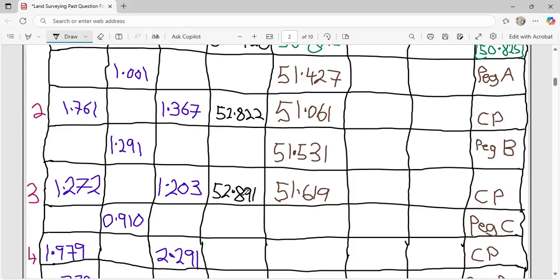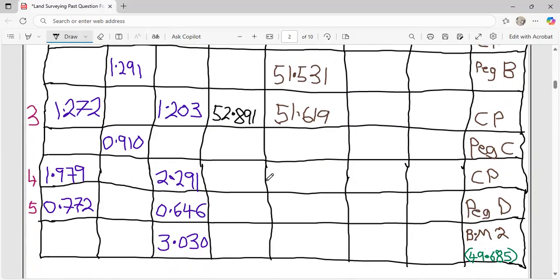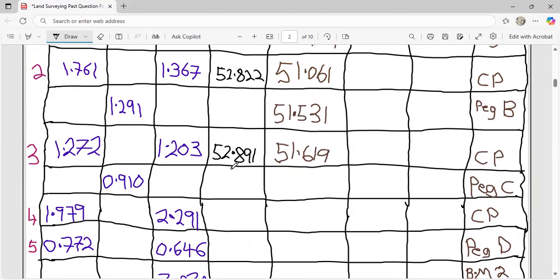After that, what else are we supposed to know? We have to just still fill our next readings. We have to continue to fill our next reading. So from here, in the next row, it implies that there is no backside over here, but rather there is only an intermediate side. So we just have to subtract this intermediate side from the HPC to get our next initial reduced level.